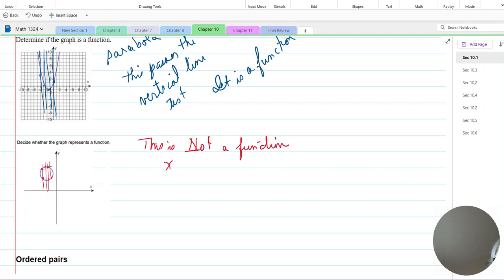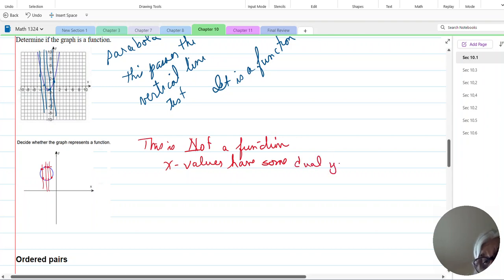X values have two of them, Y values. Therefore, it's not a function. All right, moving right along.